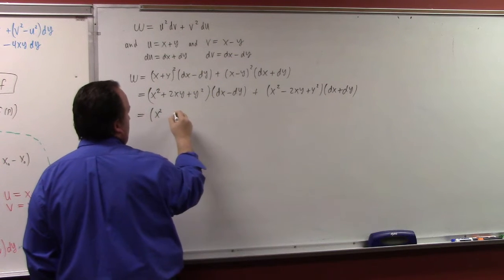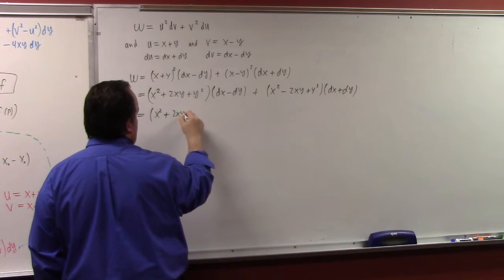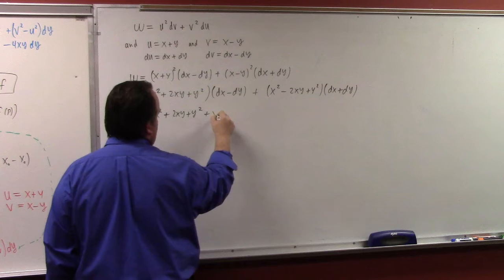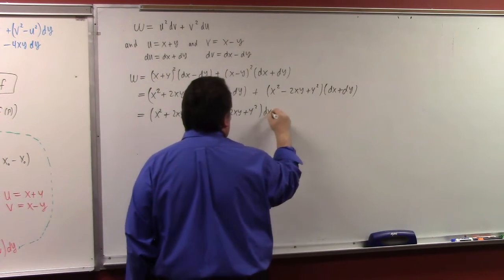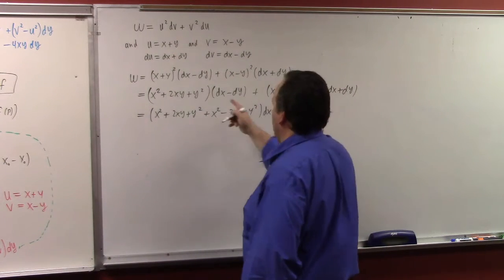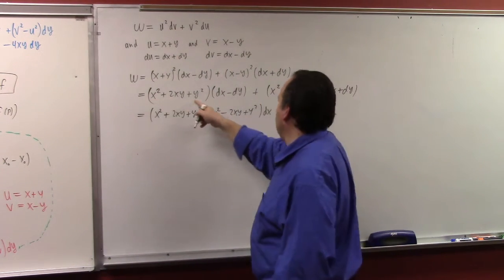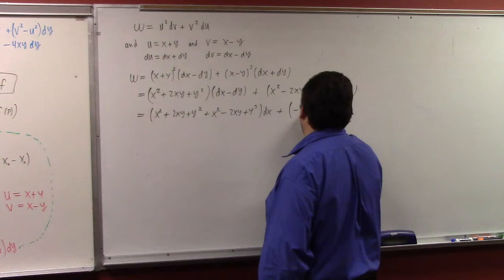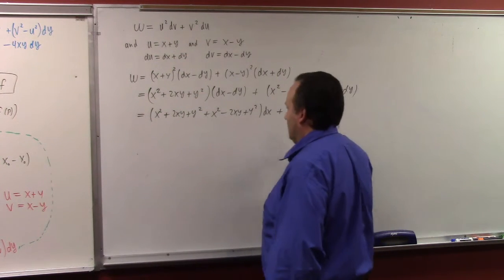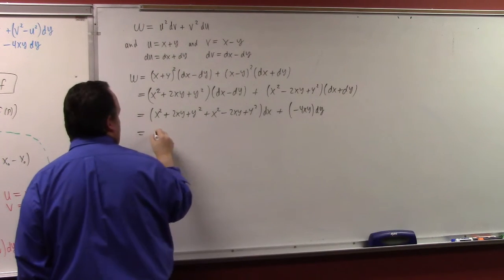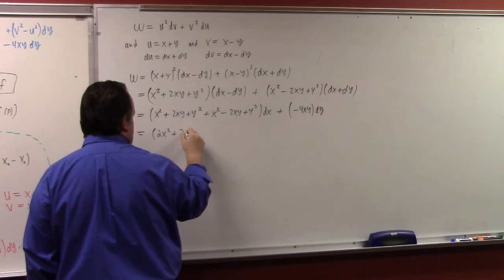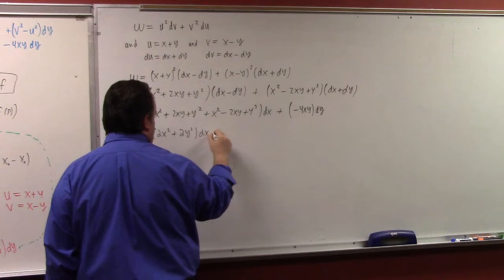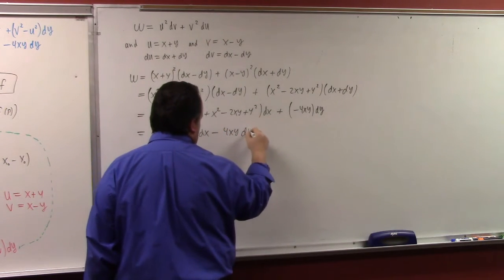In the dx we get x squared plus 2xy plus y squared plus x squared minus 2xy plus y squared, and in the dy we get a minus 4xy dy. What do you know? So we get (2x squared plus 2y squared) dx minus 4xy dy.